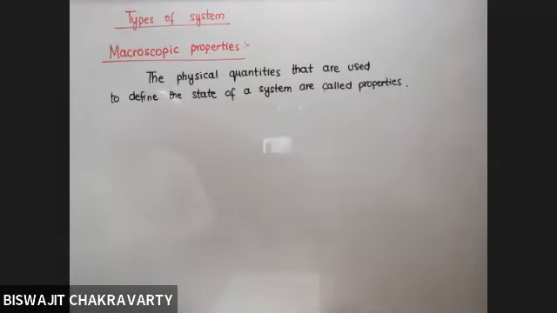The physical quantities that are used to define the state of a system are called properties.